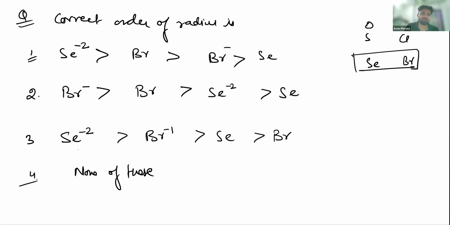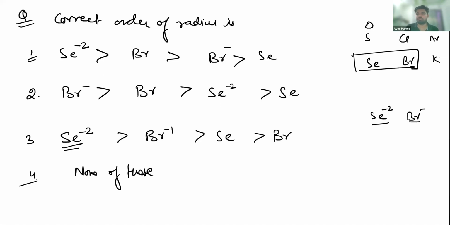Okay, because this is going to have minus 2, bromine forms Br minus and selenium forms minus 2. But they both are going to have the inert gas electronic configuration of the nearest noble gas. After bromine, we have fluorine, then neon, argon, and then krypton.